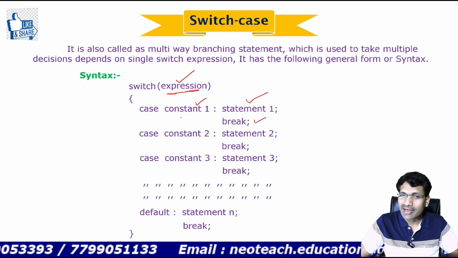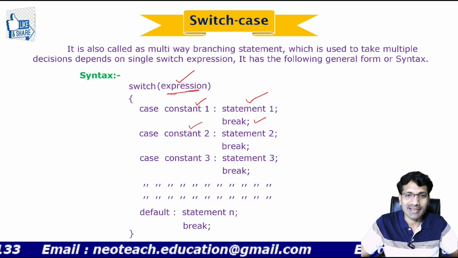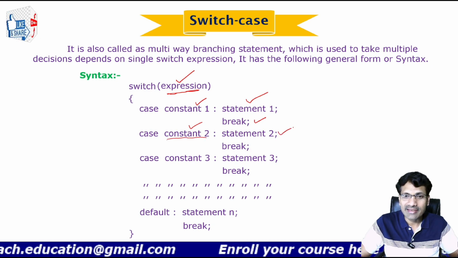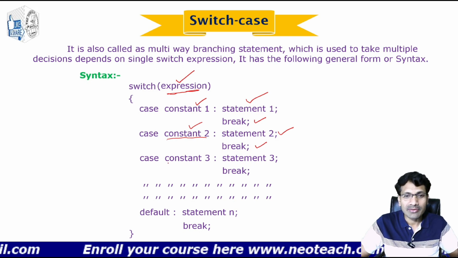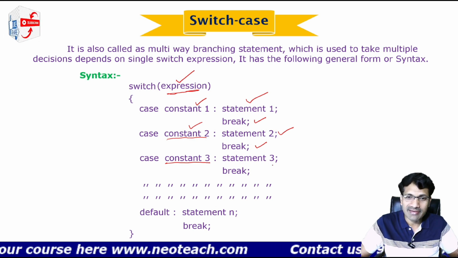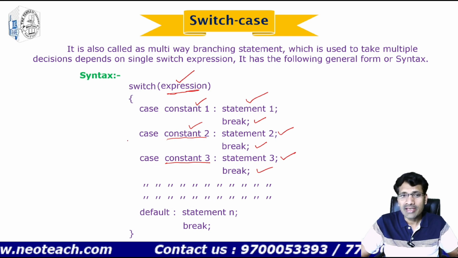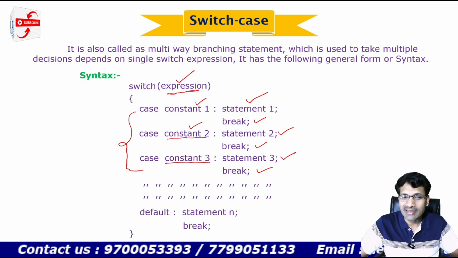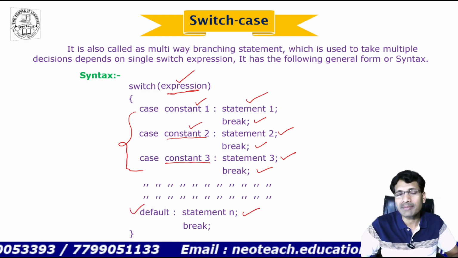If constant 1 does not match, then it goes to the second constant, in the second case. If it matches, the corresponding statement executes and breaks. Or else it goes to the next case and checks with constant 3. If it matches, the corresponding statement executes and stops. If no constant matches in all these cases, then the default statement, the nth statement, is going to execute and break.